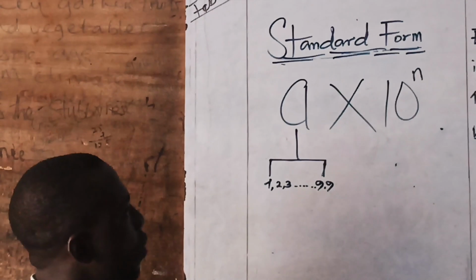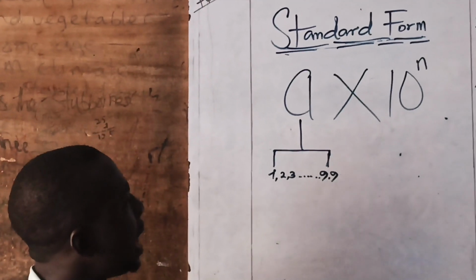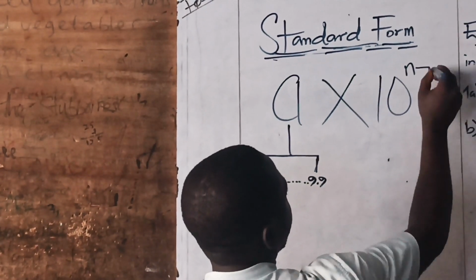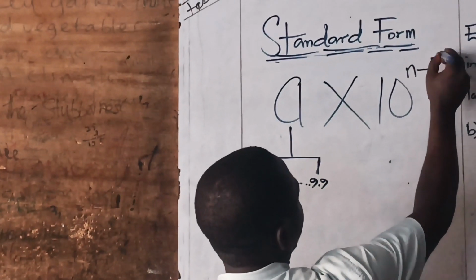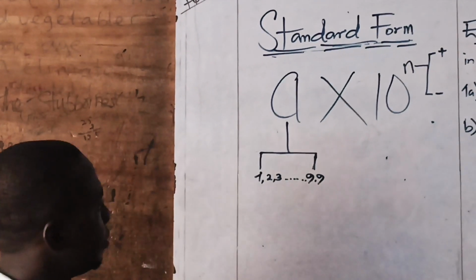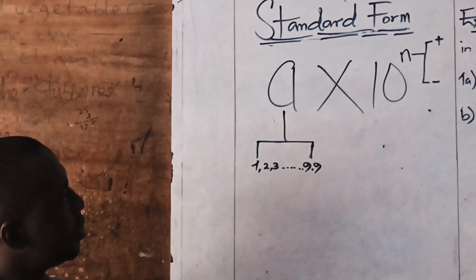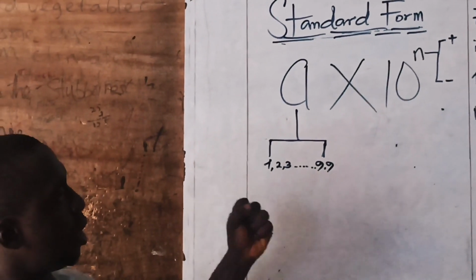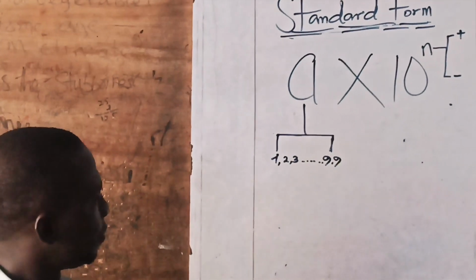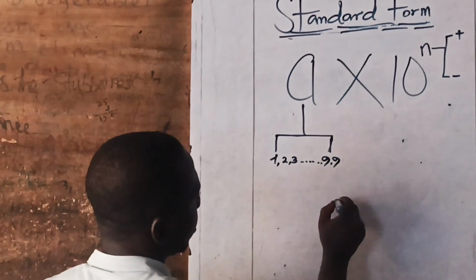Now, how can we get N? Our N can be positive and negative. So for you to know if your N will be positive or negative, it's like this.